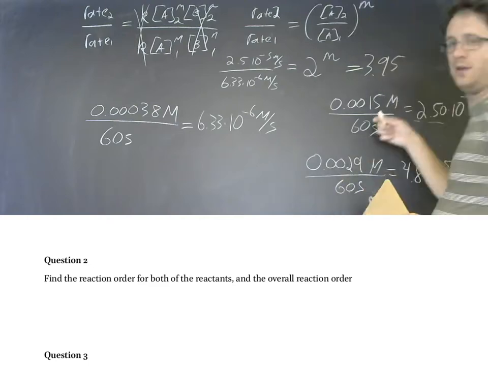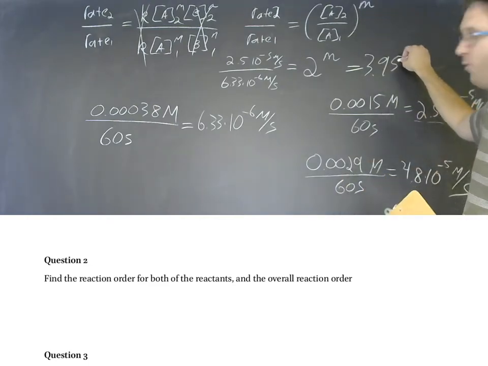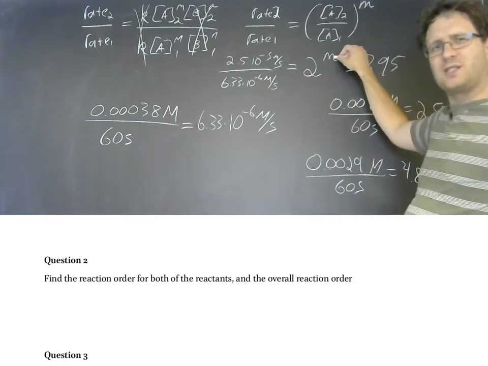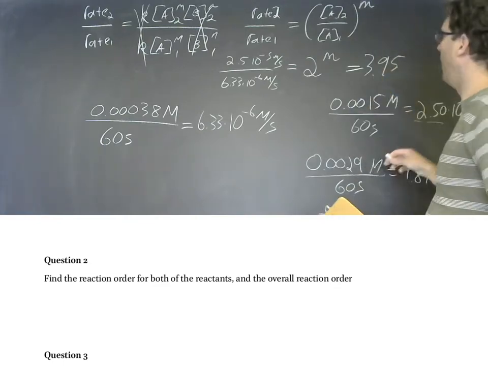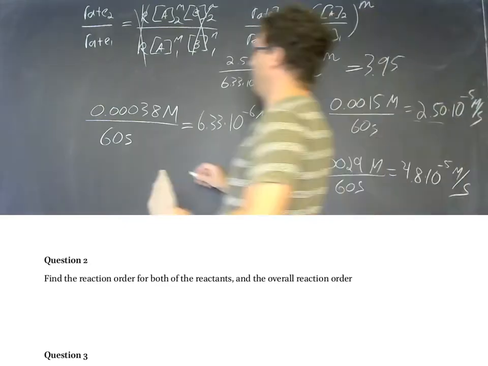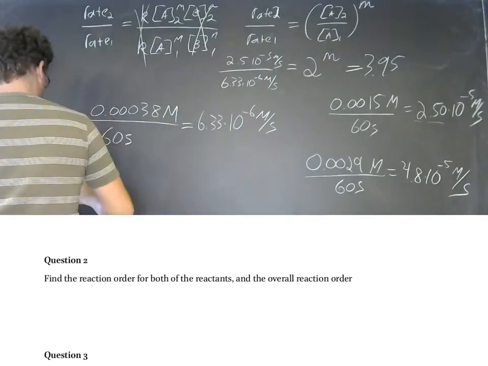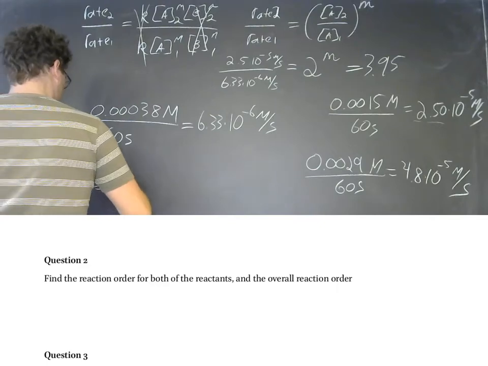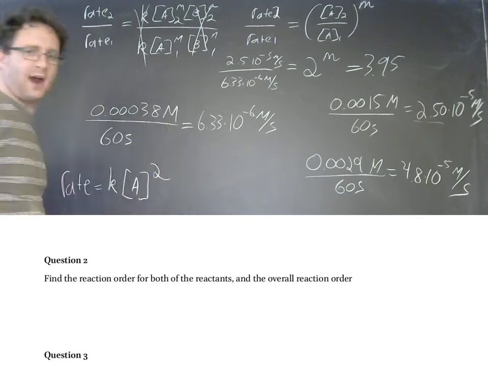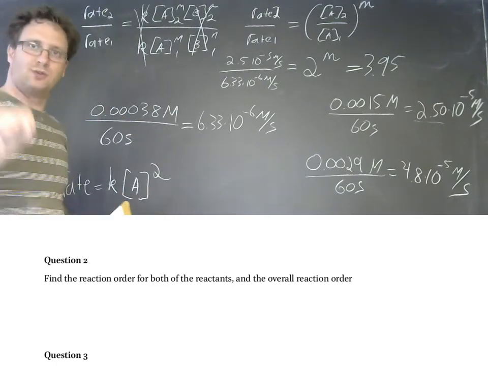Well, that's mighty close to 4, and 2 squared equals 4. We know M needs to be an integer, so it makes most sense that we have as a rate law that the rate is equal to k times A squared, that M is equal to 2.